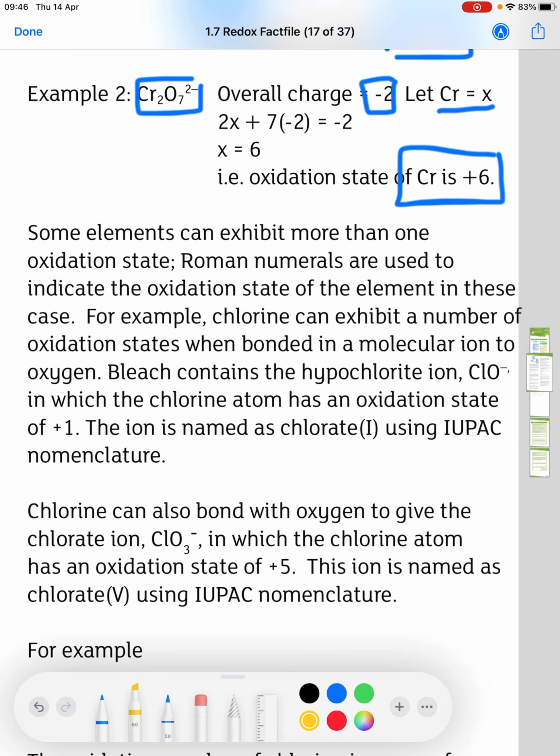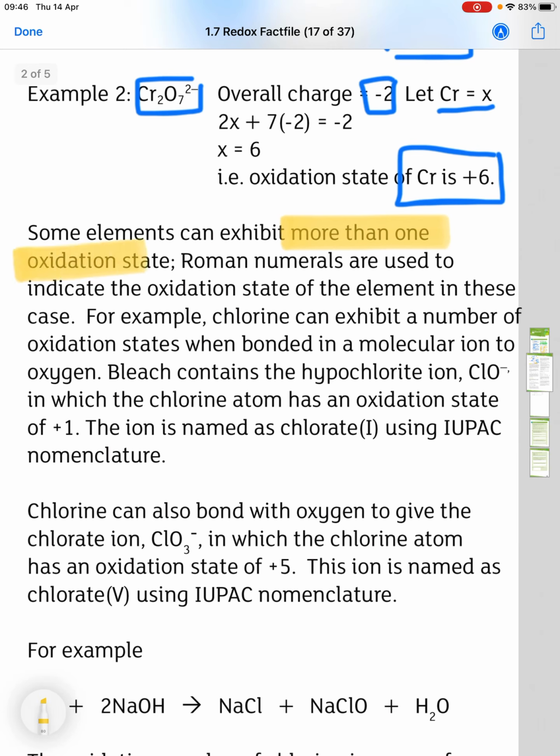Sometimes we use Roman numerals because some elements can exhibit more than one oxidation state. So the Roman numerals are used to indicate the oxidation state of the element in these cases. So for example, chlorine can exhibit a number of oxidation states when bonded in a molecular ion to oxygen. Bleach contains the hypochlorite ion, which is ClO-, and here the chlorine atom has an oxidation state of +1.